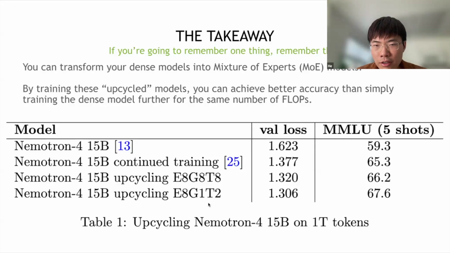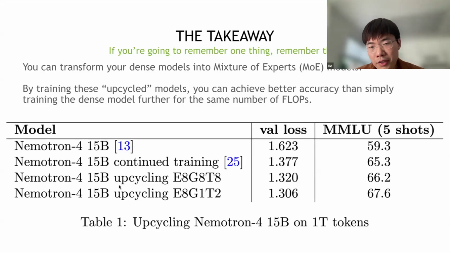About the cost to train, it depends on the number of tokens. For the same FLOPs version of the MoE, it's the same amount of compute as continuous training. If you compare it with pre-training, where we trained on 8 trillion tokens, 1 trillion is only roughly 13% of that.